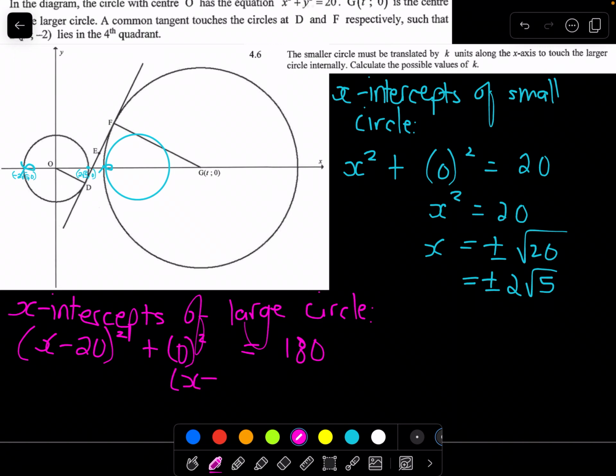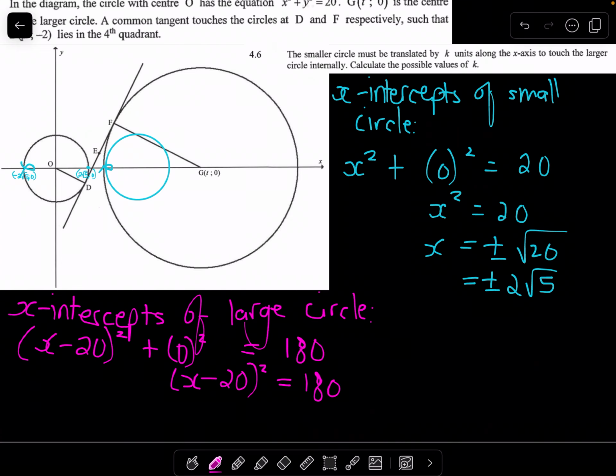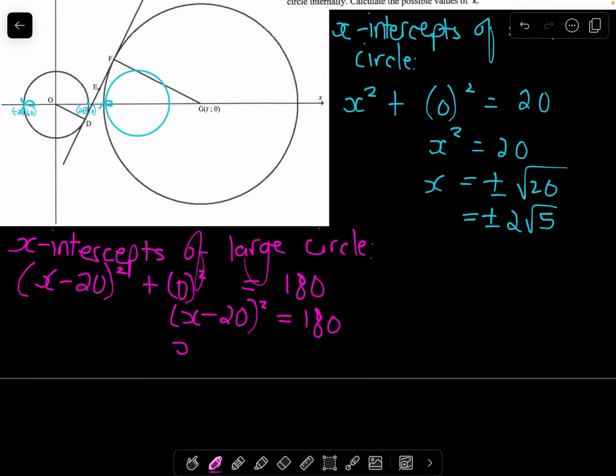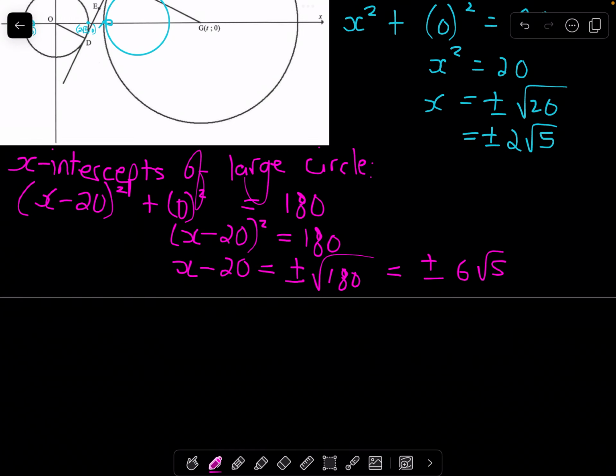So this is (x minus 20) squared is 180. So x minus 20 is plus or minus root 180, which we found to be the same as 6 root 5. So then the x is either 20 plus or minus 6 root 5.